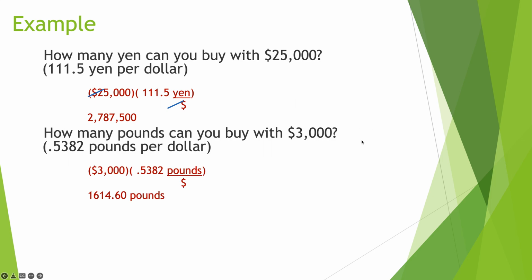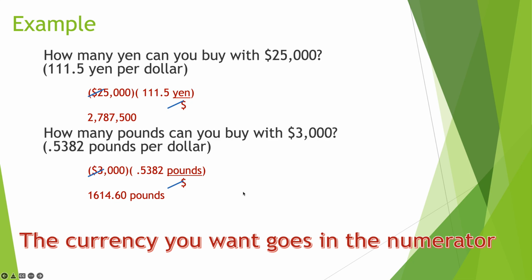So $3,000 times 0.5382 pounds per dollar, canceling out the dollars, and that just leaves me with 3,000 times 0.5382, which is 1,614.60 pounds. The currency you want always goes in the numerator. I wanted pounds, so I made sure pounds were in the numerator. That's so the others would cancel each other out and they're no longer a part of the answer. Same thing with the yen.